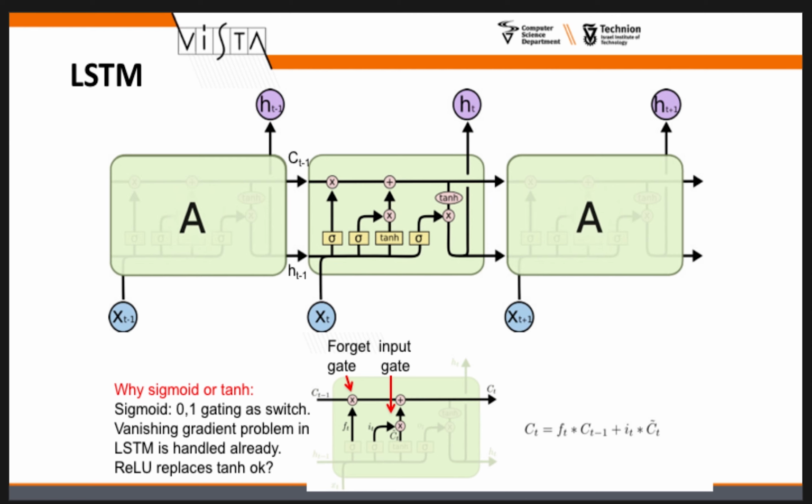You don't lose your information. You only can control your gate better. So tanh gives you opportunities to control your gate better, and empirical investigation says it works better.